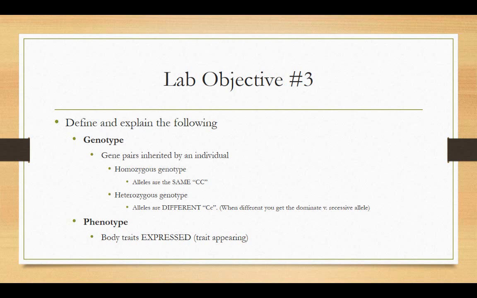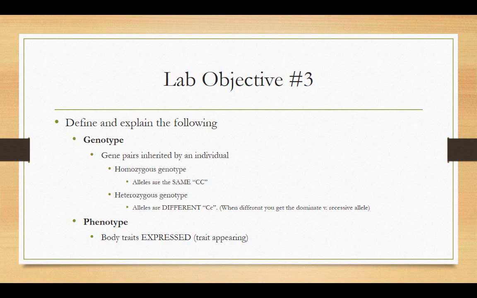So a genotype are the gene pairs that are inherited by an individual. That's what we were talking about earlier, these alleles, these gene pairs. Sometimes the gene pairs or alleles may be homozygous genotype, which means that the alleles are the same, so you can see in parentheses. And by the way, anytime you see a capital letter, that means dominant. So this homozygous genotype here has two capital C's.